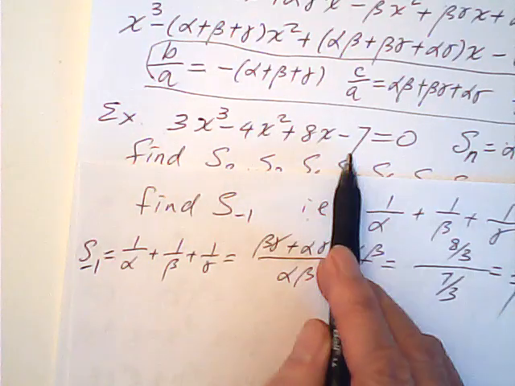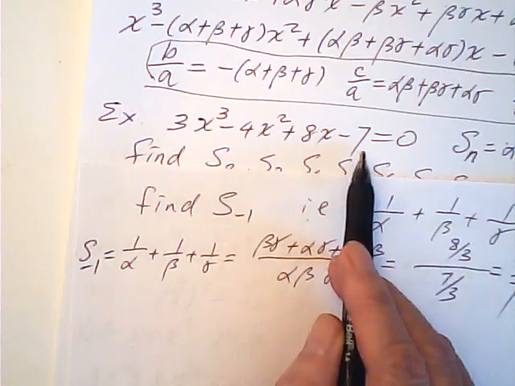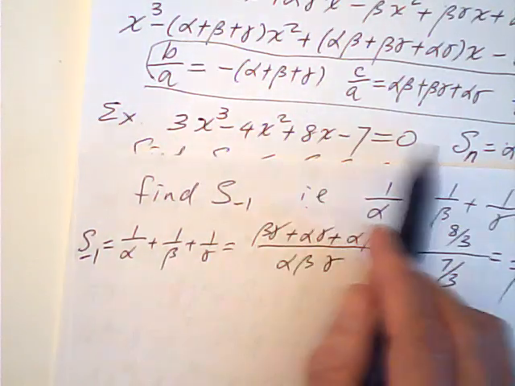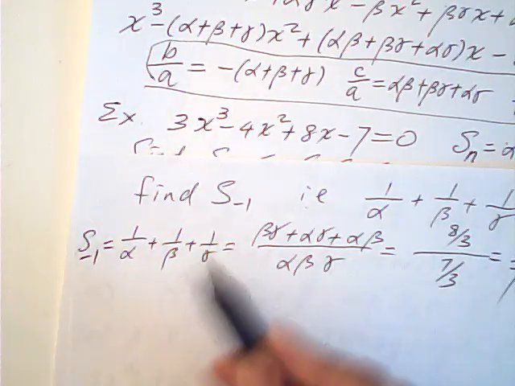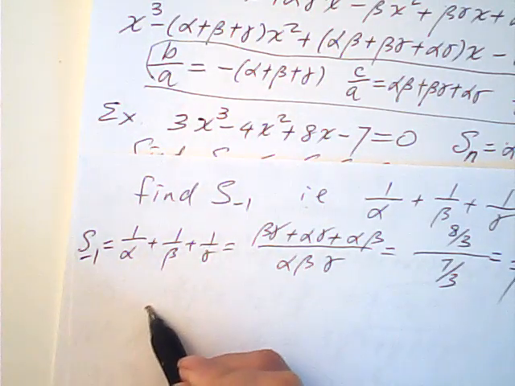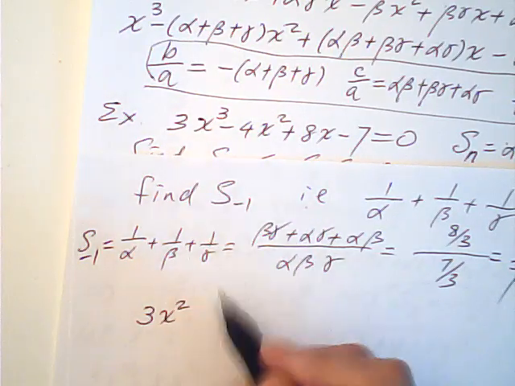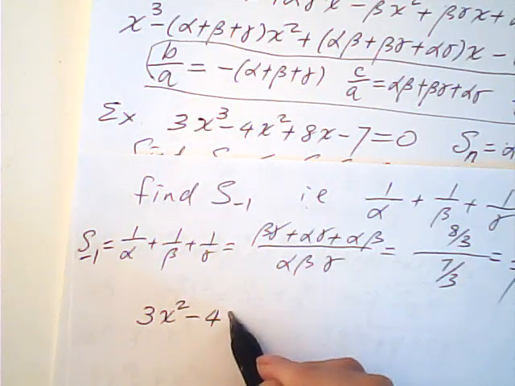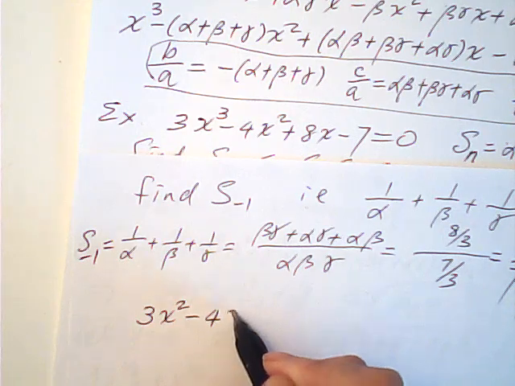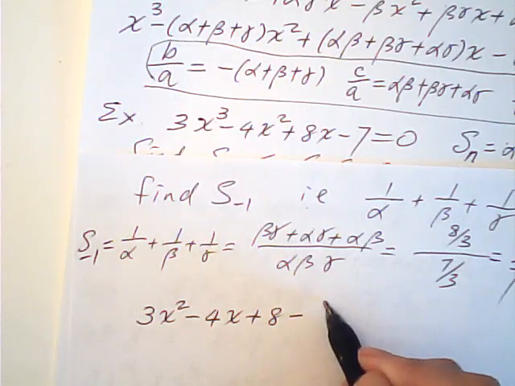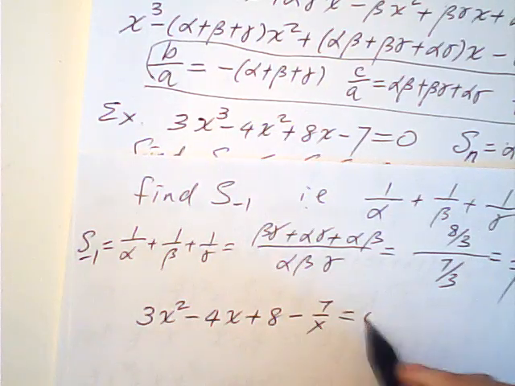We know that in this equation x is not 0, so we can divide both sides by x. This will be 3x squared minus 4x plus 8 minus 7 over x equal to 0, right?